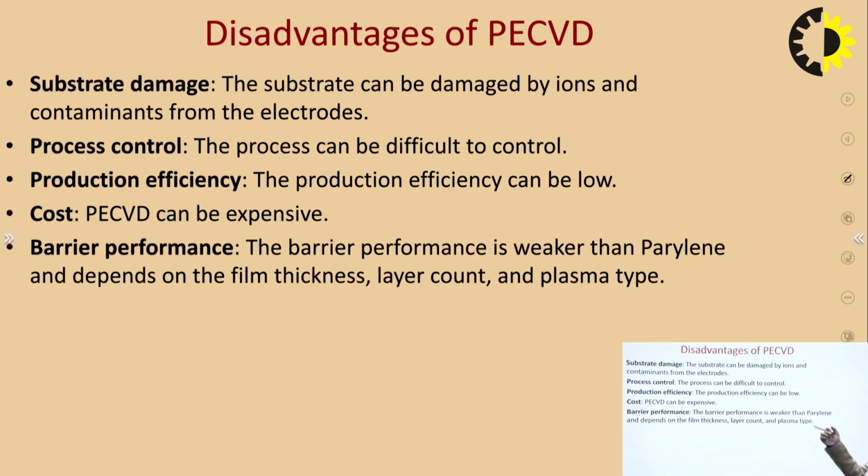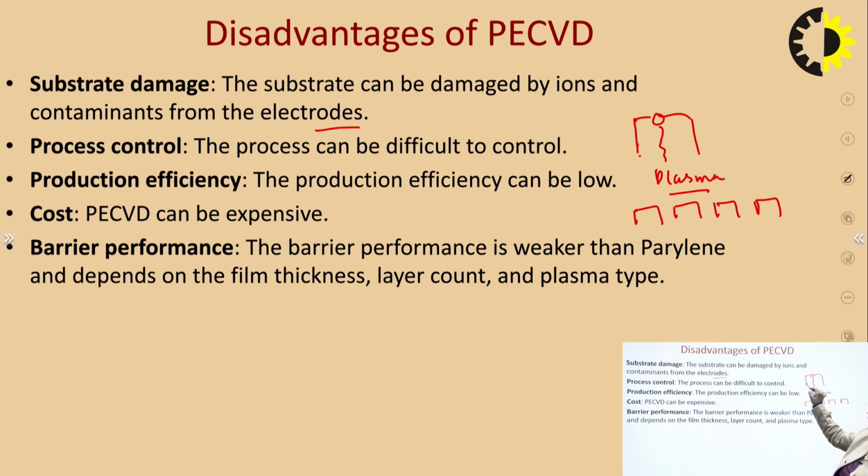On the disadvantages part, we have substrate damage. The substrate can be damaged by ions and contamination from the electrodes, since in this method we are using electrodes, and these electrodes create the plasma, which we utilize over our substrate, right?